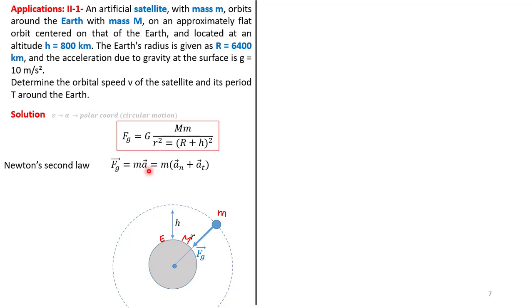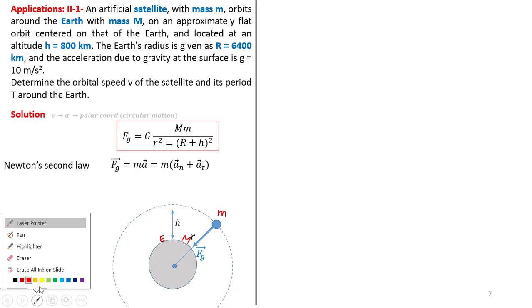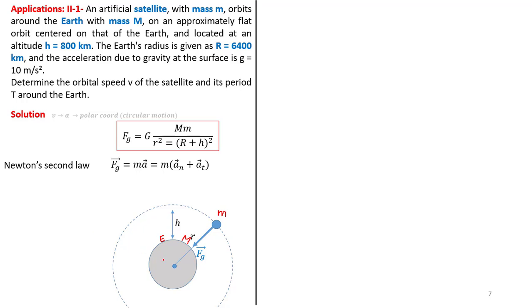Okay, so a can be written as an plus at, and I remind you what the gravitational force is. The gravitational force is equal to G times the capital M times small m over the distance between the two masses. So here the distance between the two masses is from the center of gravity of Earth to the center of gravity of the satellite.